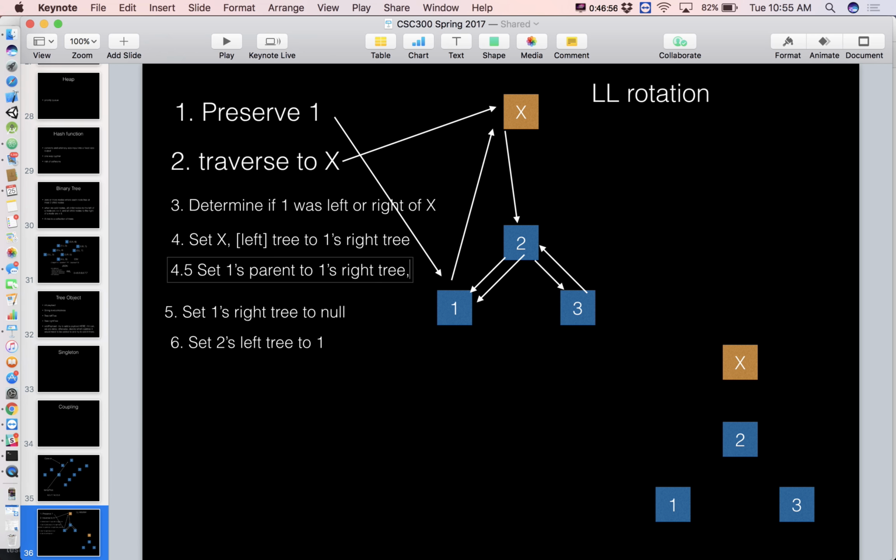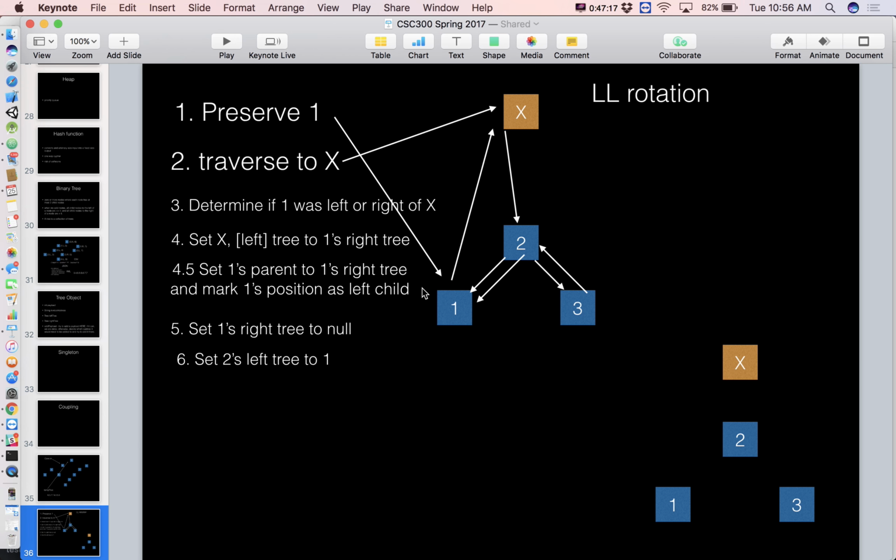So we also then need to set one's parent to one's right tree, and mark, let's kick it down a line, and mark one's position as left child. Okay, which in this case it already was, but there wasn't the guarantee of that. Okay? So now X now points to 2.